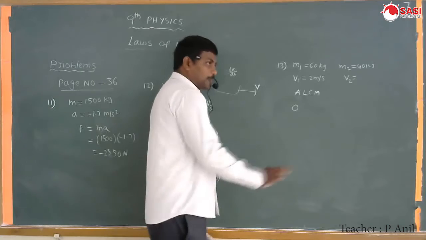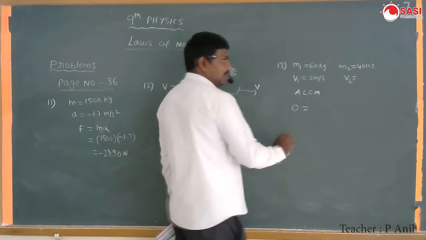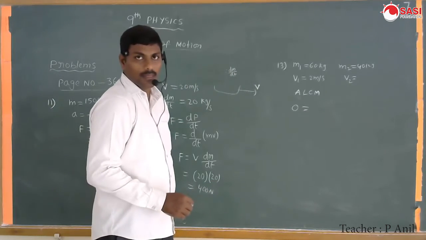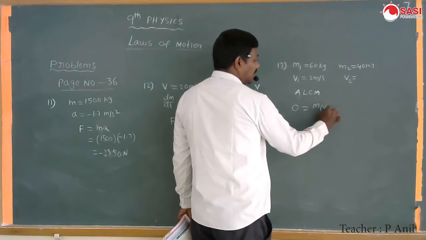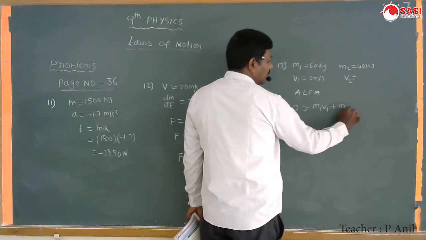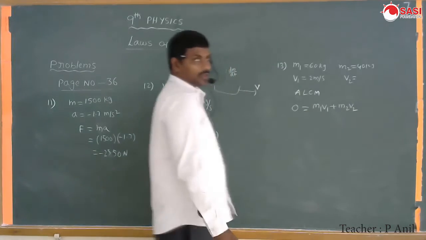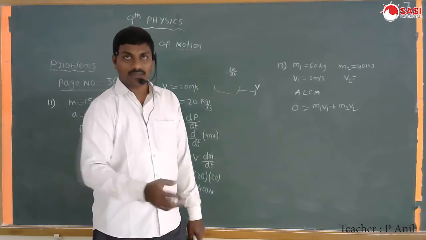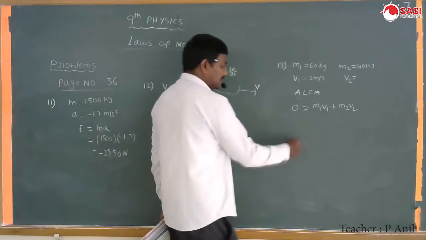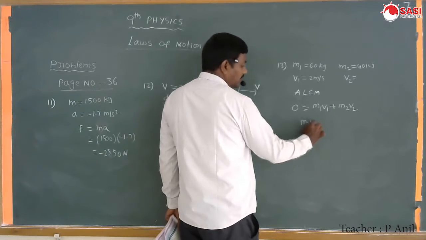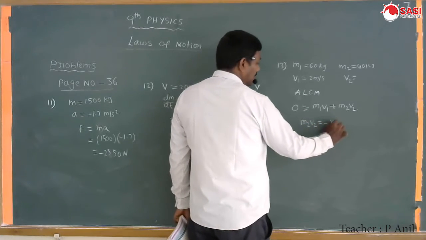Now after pushing each other, the first skater's momentum is m1v1 and the second skater's momentum is m2v2. The total momentum of the system is m1v1 plus m2v2. From this, m2v2 is equal to minus m1v1.